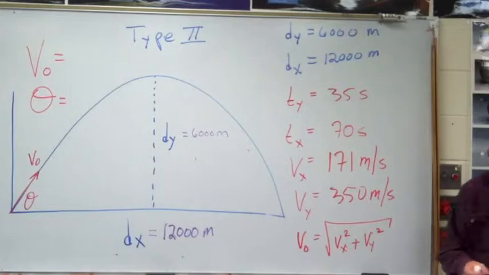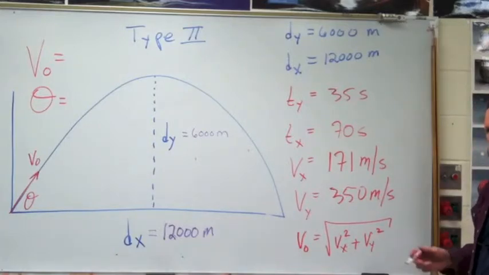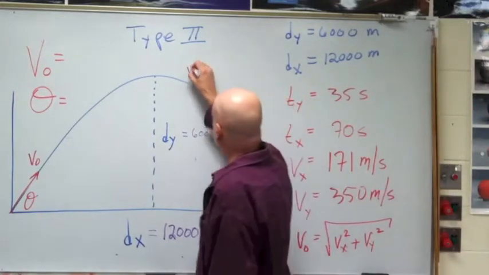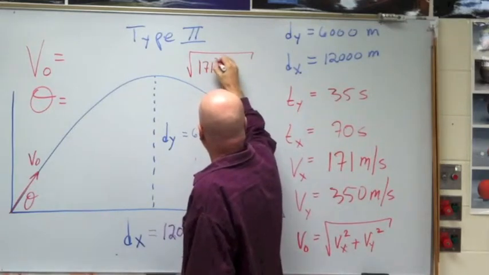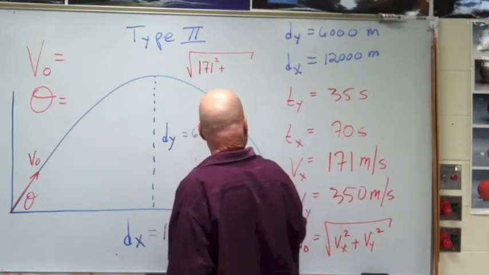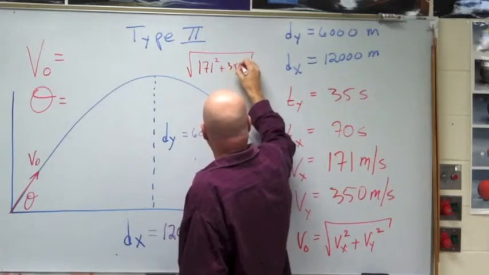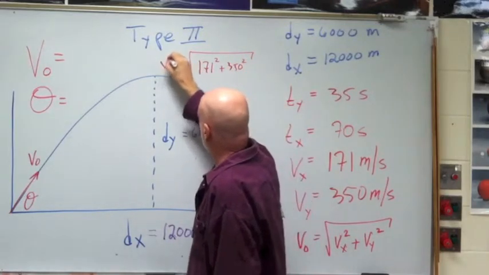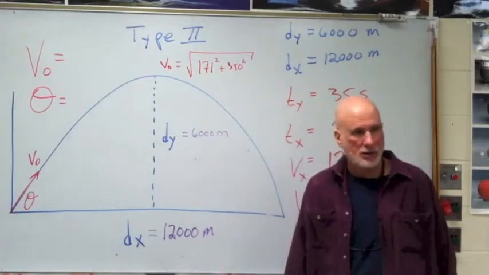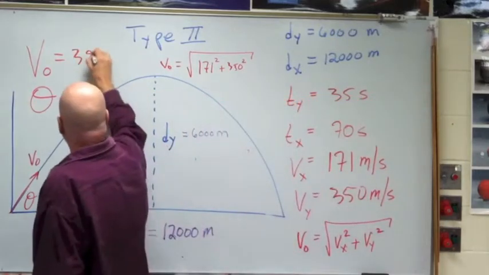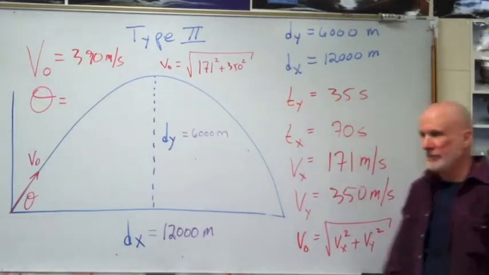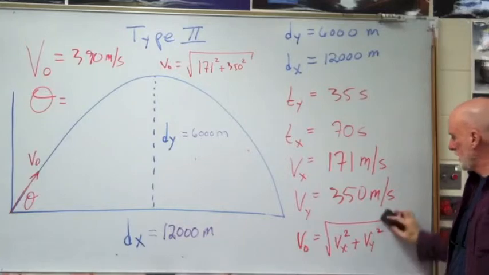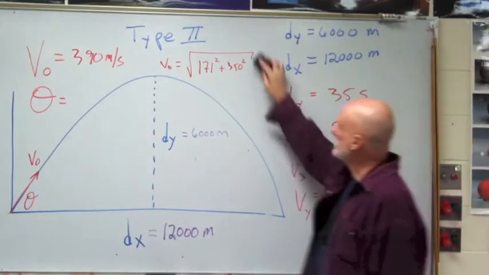That's the magnitude of V naught. So what is going to be the answer to that? Well, we have 171 squared plus 350 squared, square root. 390. Let's erase this.